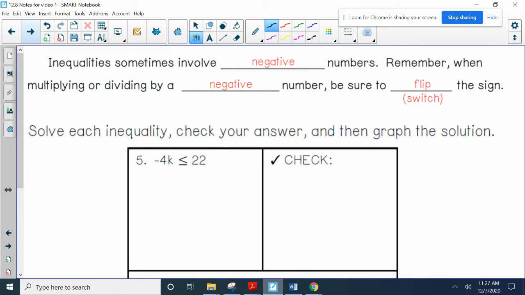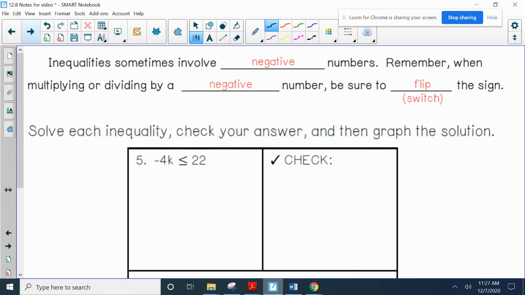All right. So I said in the beginning that inequalities sometimes may involve negative numbers. So remember, I told you that if we multiply or divide by a negative number, be sure to flip the sign. So let me show you what that means.